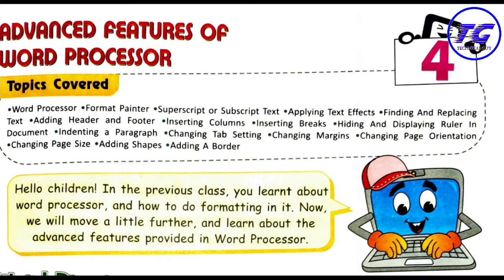Before starting this chapter, let me tell you what a word processor is. A word is a combination of characters. For example, while typing or writing something in English, you make use of words to complete a sentence.